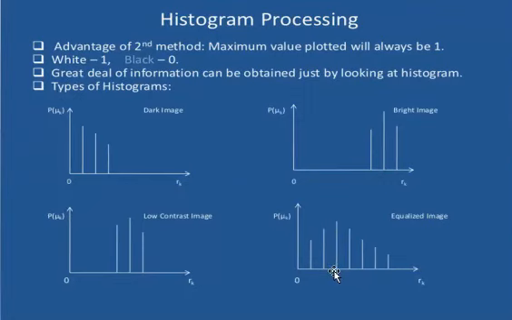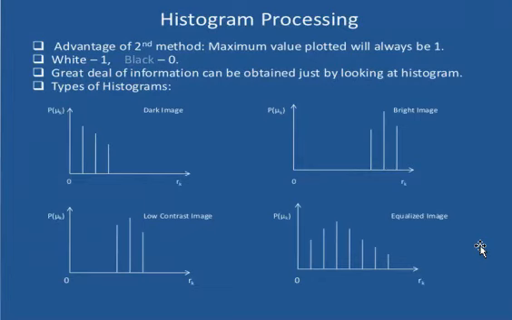This is the aim here. How can you enhance the image? If you have this type of image, we should convert it into this form. Our aim is to get the equalized image. In such a case, that image is said to be an enhanced image, a good image. That is the intention here.